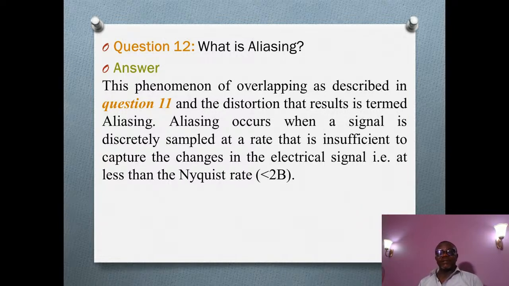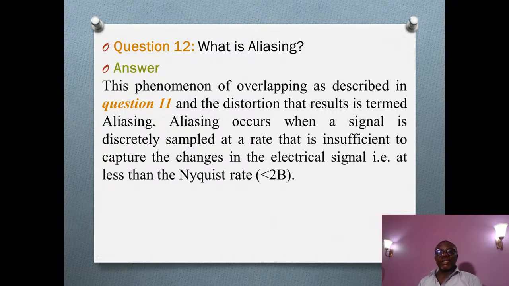In any communication where you have signals overlapping, you have things like shadow and other things. So this overlapping, which you have described in question 11, is known as aliasing, and the distortion that results is what we call it.